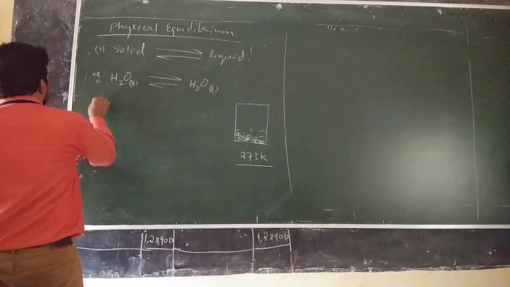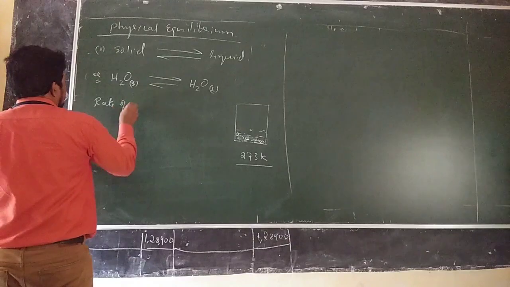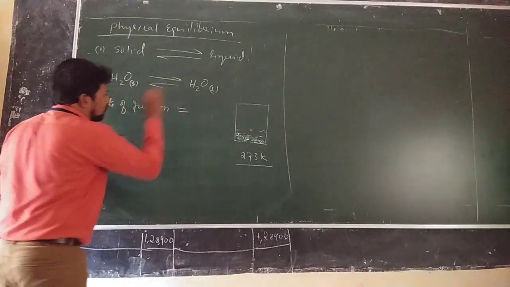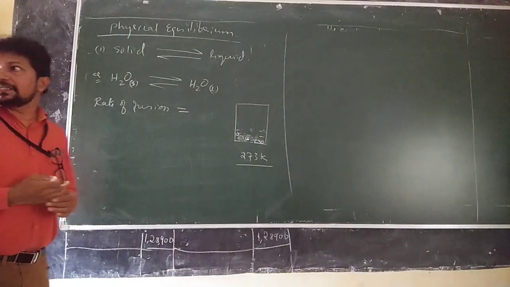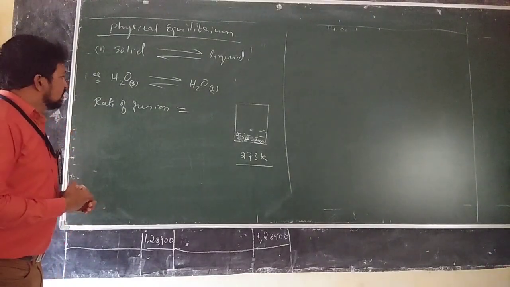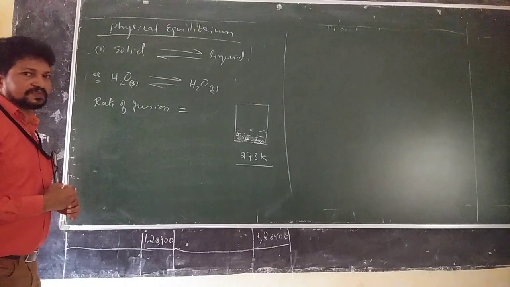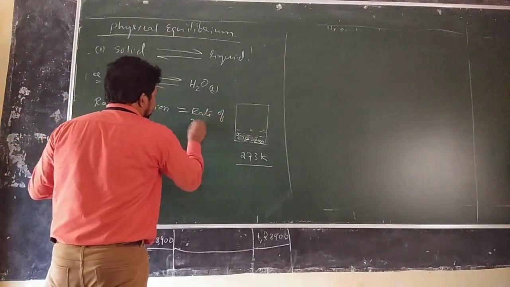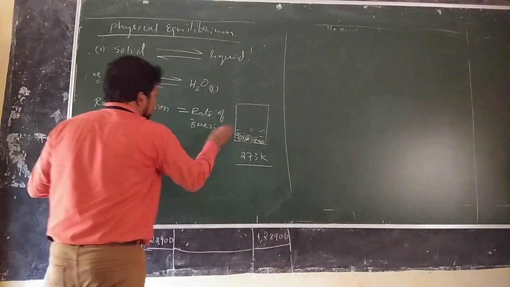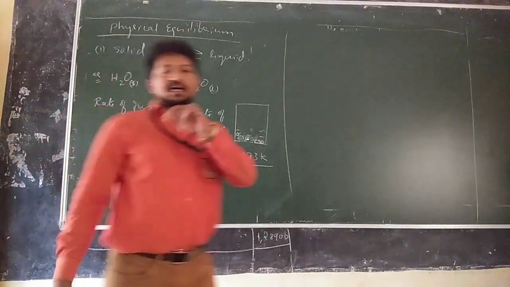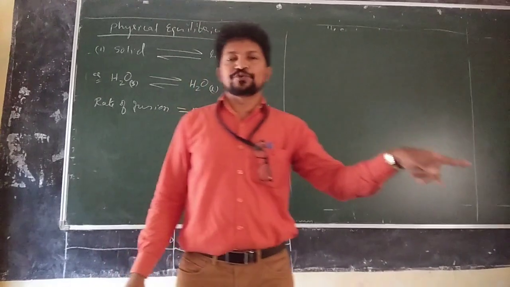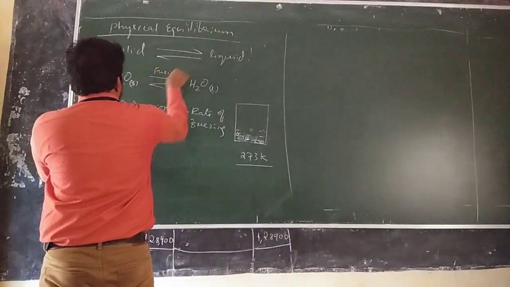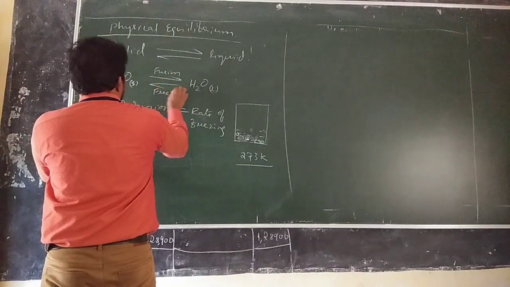The rate of fusion is equal to rate of freezing. Is it correct? What is fusion? Ice melting into liquid is called fusion. This is fusion. And this is freezing.